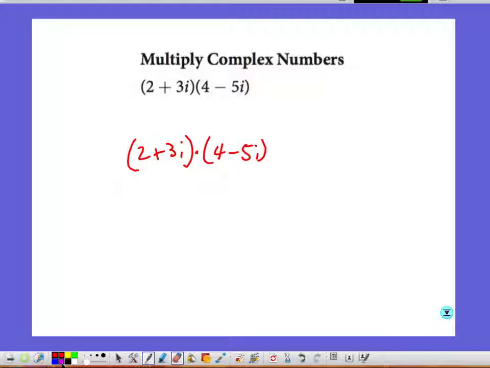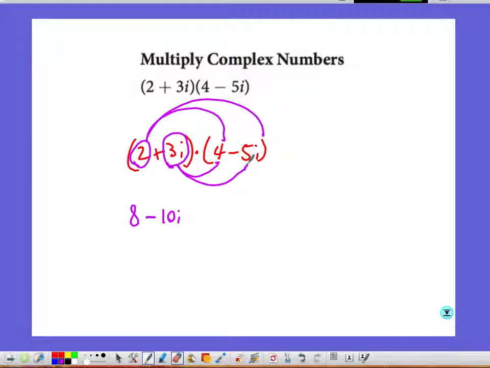You're going to take the 2 and distribute it to the other parentheses. So 2 times 4, that's going to be 8. 2 times negative 5i, that's going to be negative 10i. Again, we're going to take 3i this time and distribute it to the other parentheses.